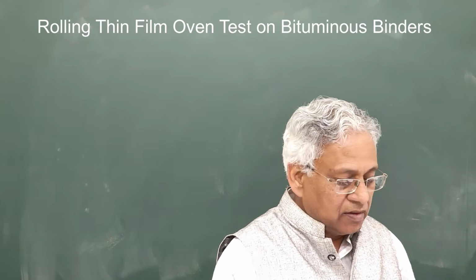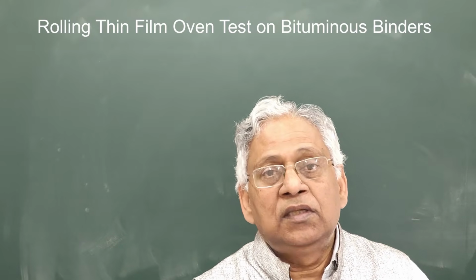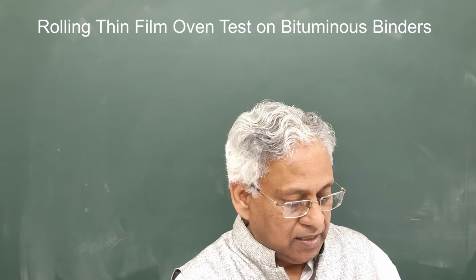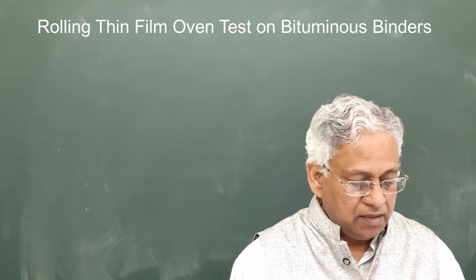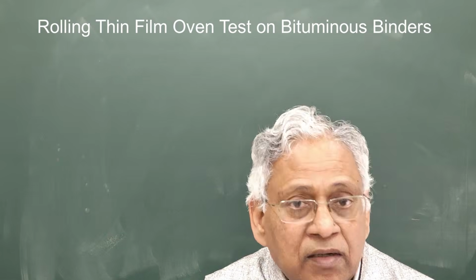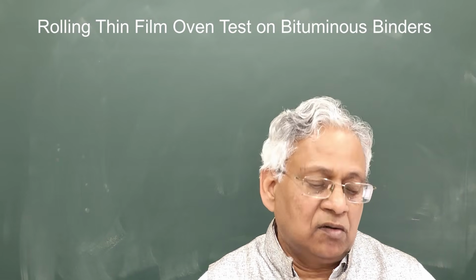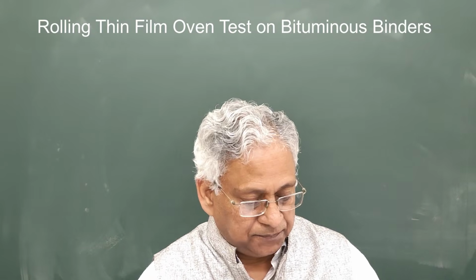This test method is covered in ASTM D2872, that is rolling thin film oven test. In this test, a moving film of asphaltic material is heated in an oven for 85 minutes at a temperature of 163 degrees centigrade.